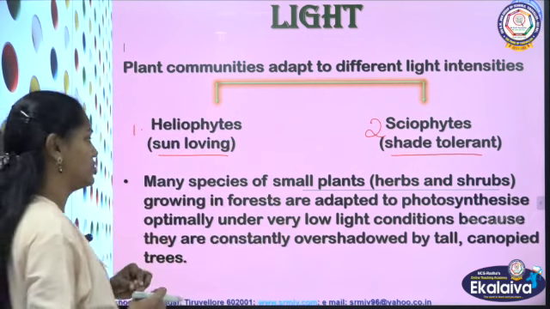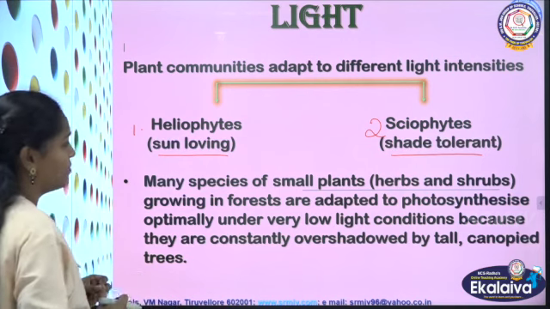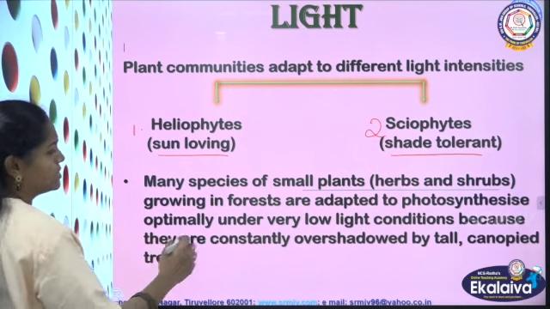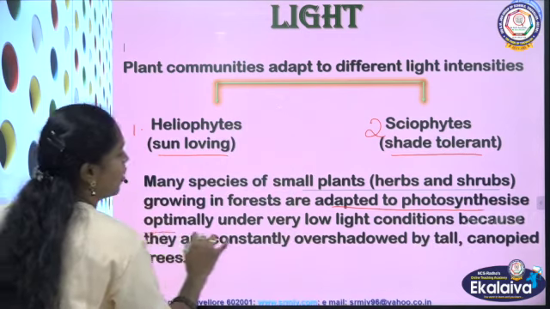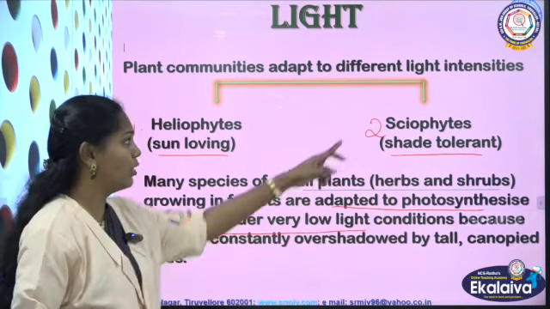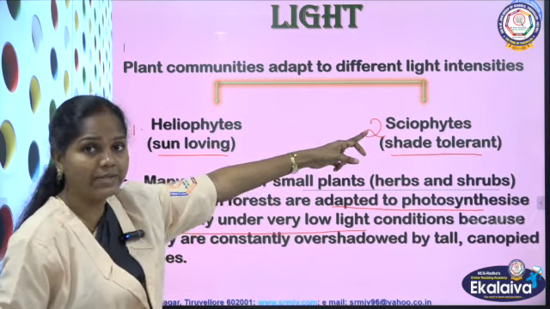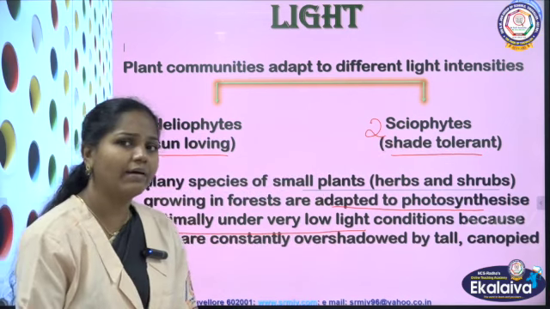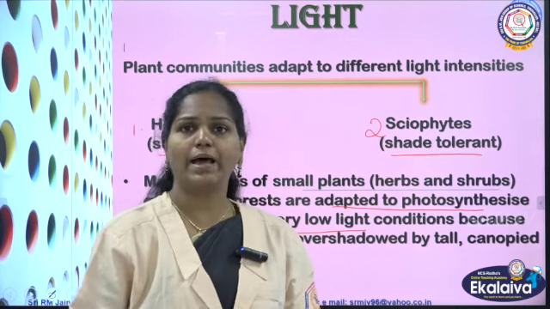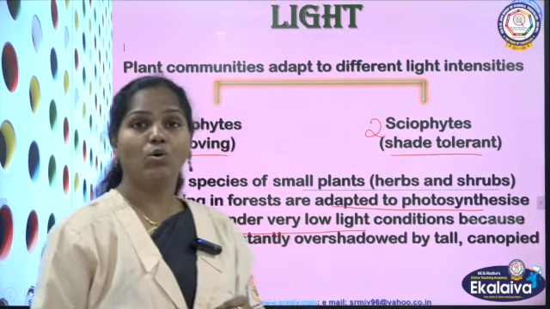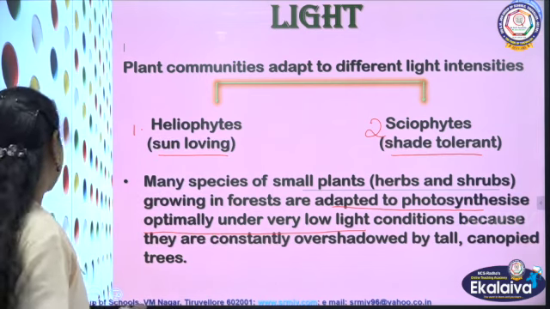So they are called shade tolerant or sciophytes. Many species of small plants growing in forests are adapted to photosynthesize optimally under very low light. I told you about sciophytes, so they are available only with that much intensity of sunlight, and they have some adaptation to use very low intensity of light.